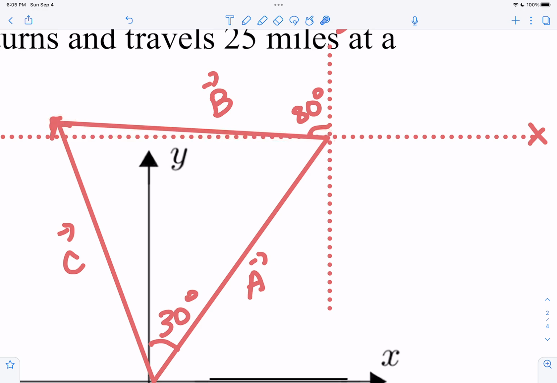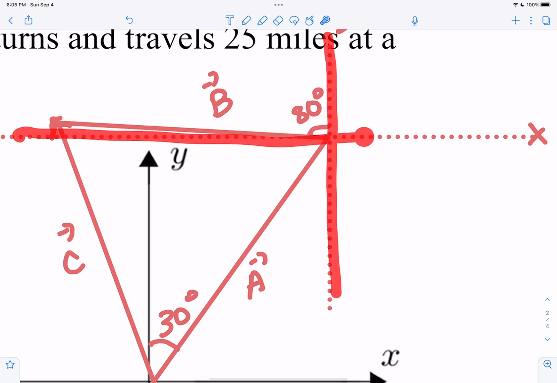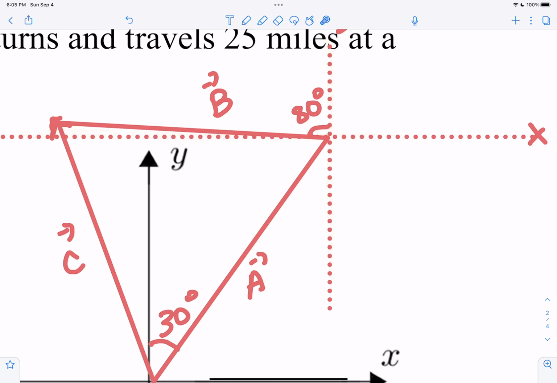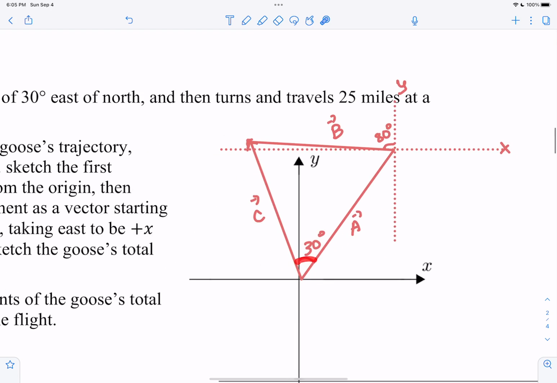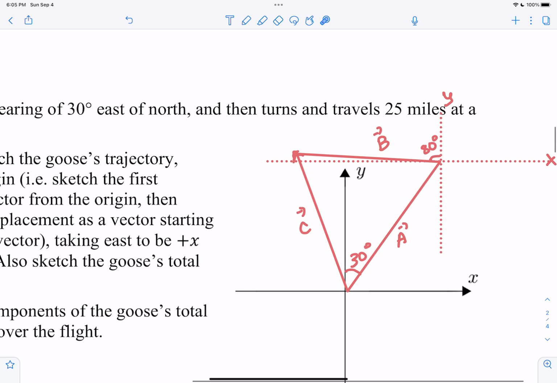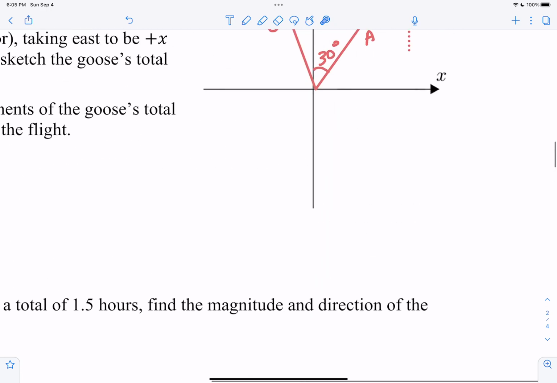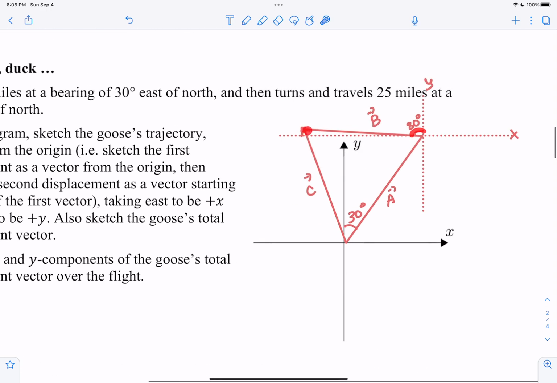Since you change directions, because you were traveling at 30 degrees east of north first, and then all of a sudden you want to go 80 degrees west of north, you have to draw your own second coordinate plane to adjust for that new angle, and then obviously you will add it tip to tail. Make sense?